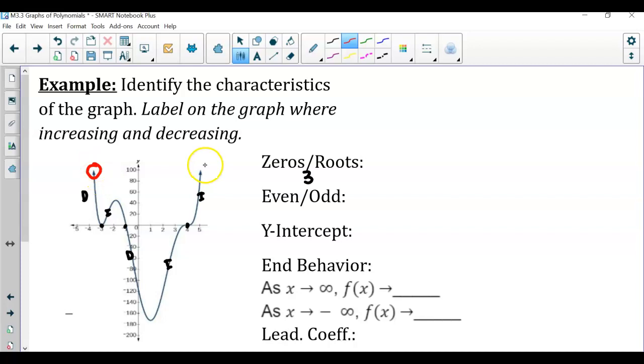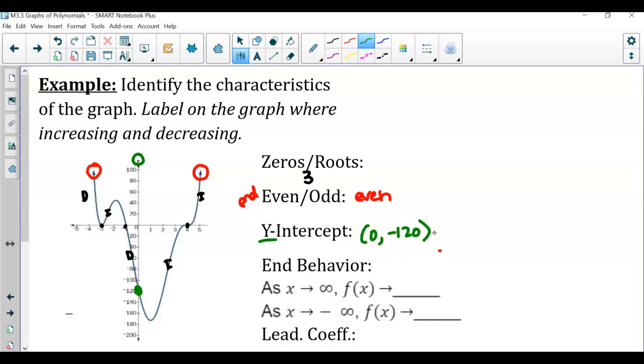Notice how both of the ends here, right? We're going to focus on the end behavior. They're both going up towards positive. So they're both here going up. So this is even. Then our y-intercept. So we're looking at where it's crossing our y-axis, which is here at -120. So 0, -120.